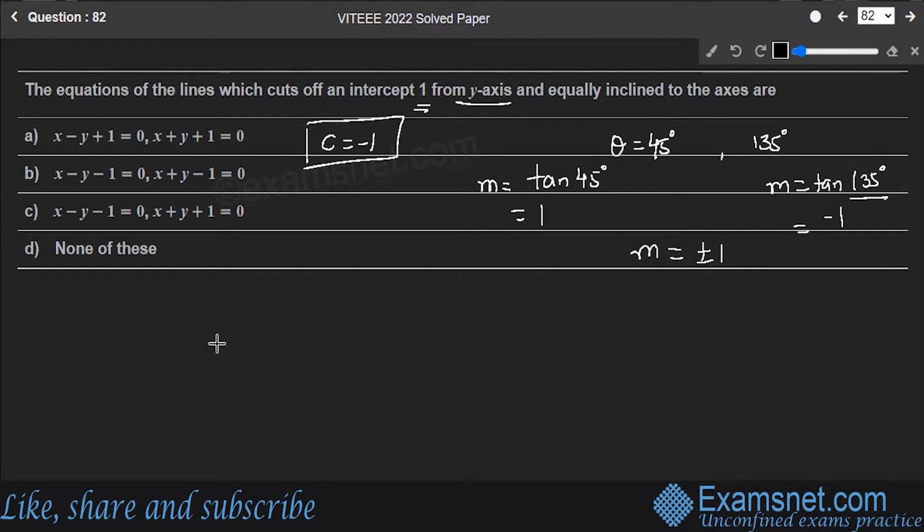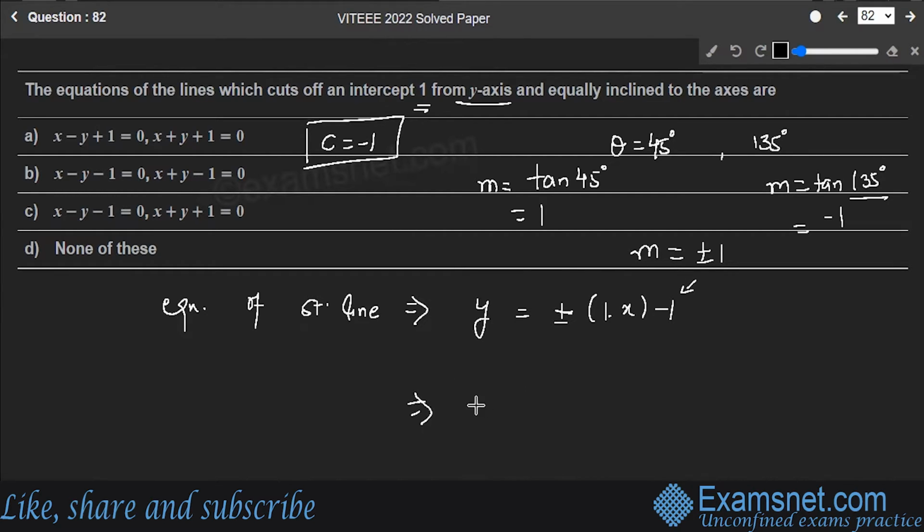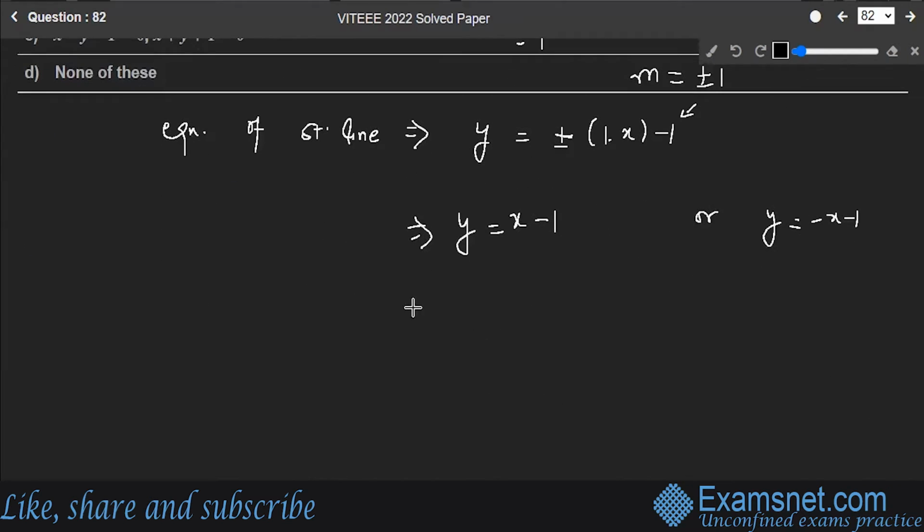Hence, the equation of the straight line is given by y is equal to plus minus 1 into x minus 1, because the y-intercept c was equal to -1. That makes the two possible equations y is equal to x minus 1 or y is equal to minus x minus 1, which makes y minus x plus 1 is equal to 0 or y plus x plus 1 is equal to 0.